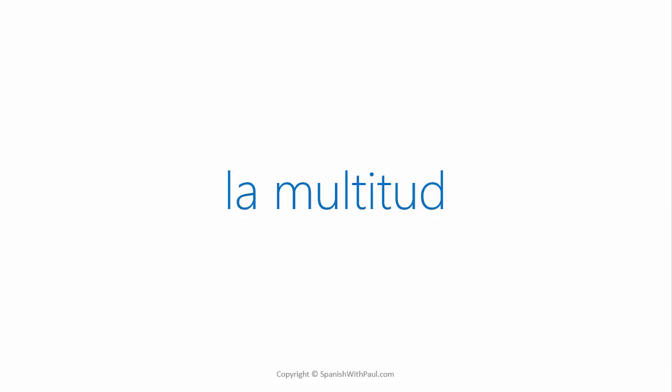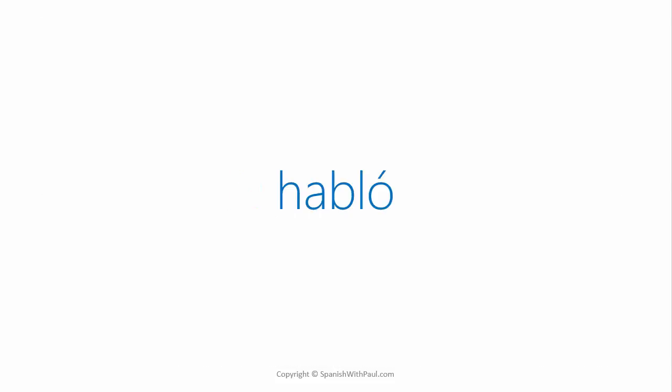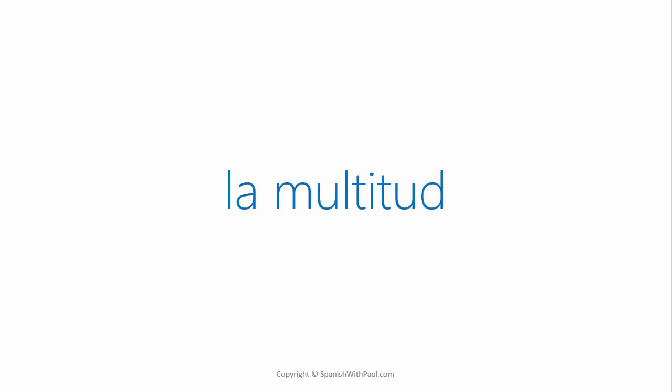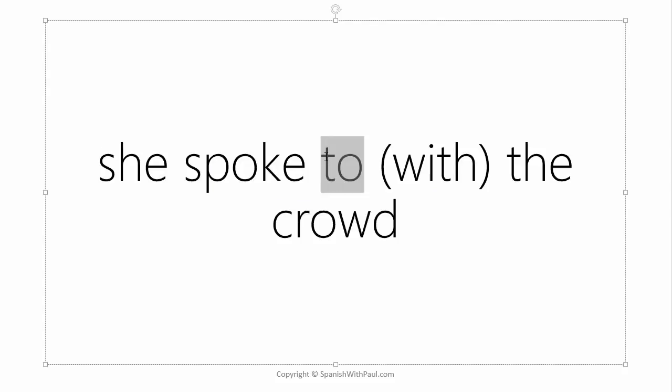Well, this is how you say it in Spanish. The crowd is la multitud, a feminine word. So we have habló and we have la multitud. Now, to say she spoke to the crowd, what we'll do is avoid this to, so we don't have to use le, and we just replace it with. So how would you say that?